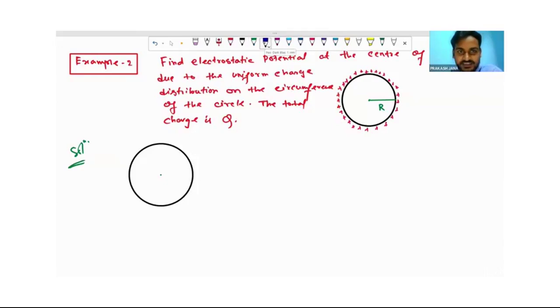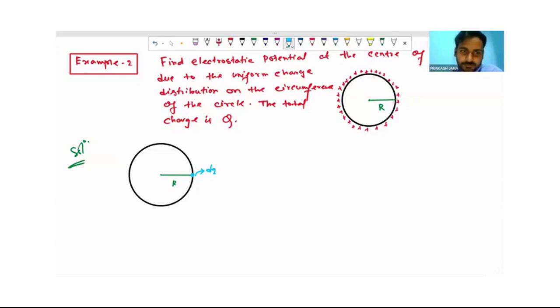See, this one is the radius. Suppose I take an elementary length on the circumference of the circle. This is the elementary length and the charge is dq, that is a very small charge.